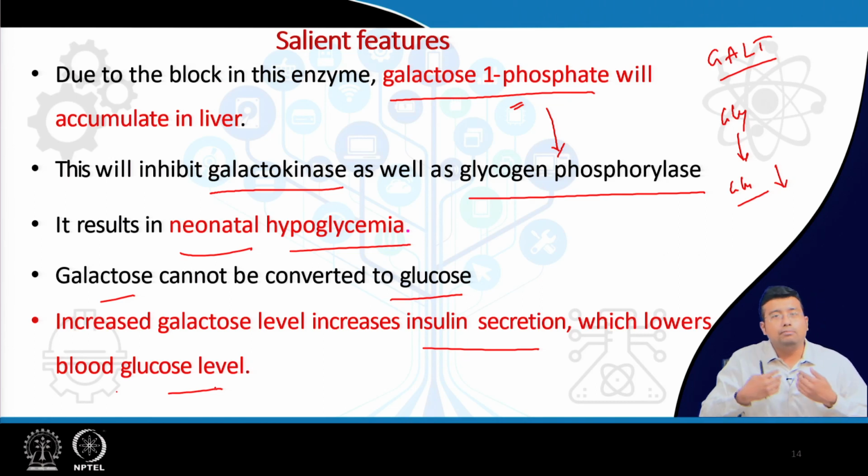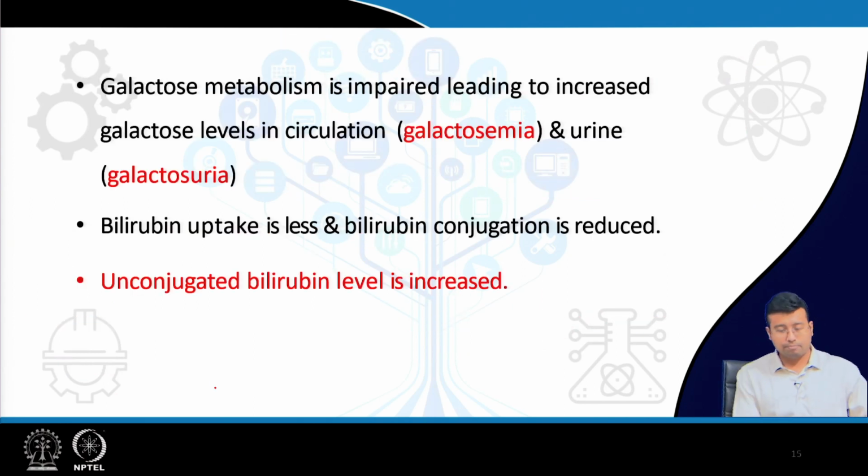It is not a problem in a normal individual, because even if the blood glucose is low, we can produce glucose from various sources. But in this case, not only is it preventing production of glucose from glycogen, it is also reducing glucose by triggering insulin release. So, everything is acting together to cause neonatal hypoglycemia.